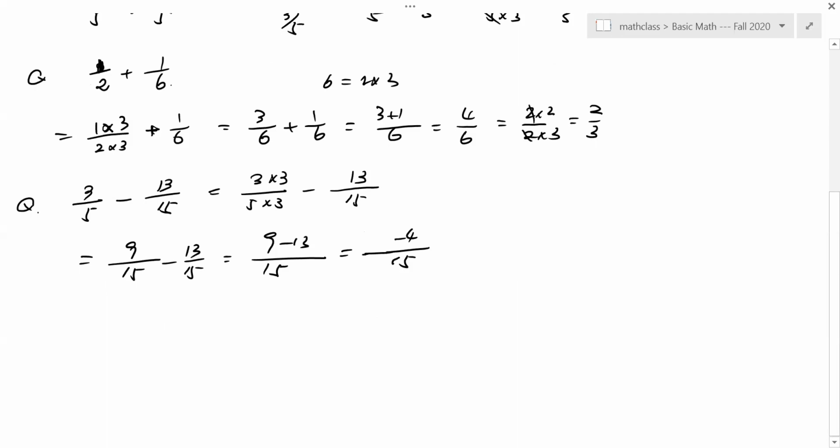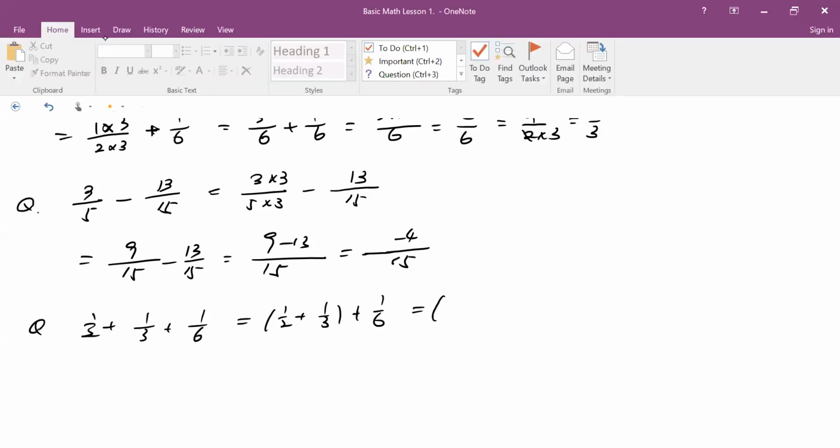For addition, usually when we're talking about addition, it's just a pair of numbers. But sometimes we do not mention which pair of numbers can be computed first. The reason is the mathematical rule tells you you can do this first, or you can add the last two numbers first.